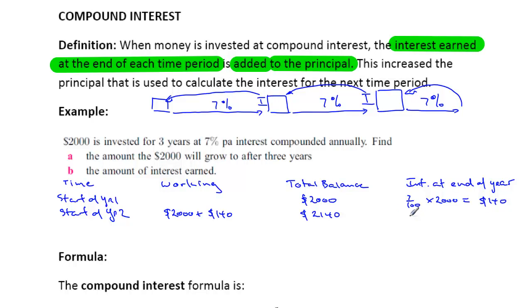And once again, we work out the interest of this, so that would be 7% of our $2,140, which gives us, now some of this will be rounded, $149.80. So let's start year three.